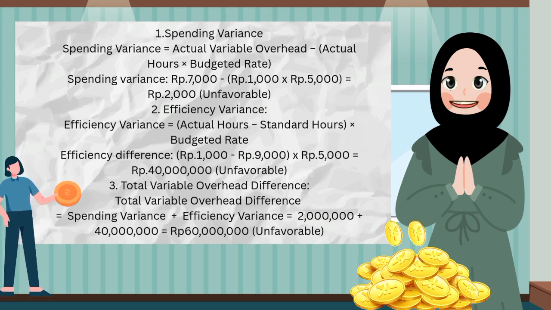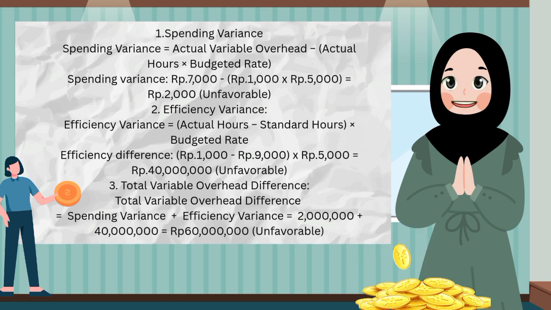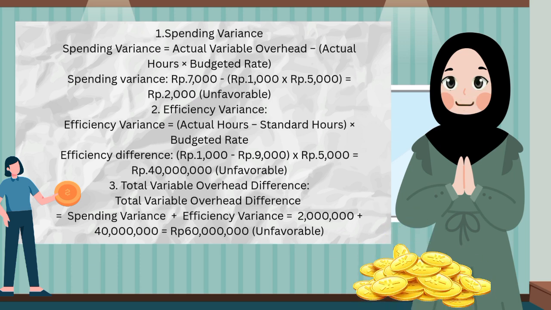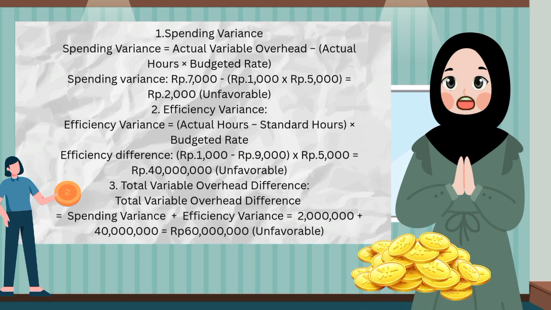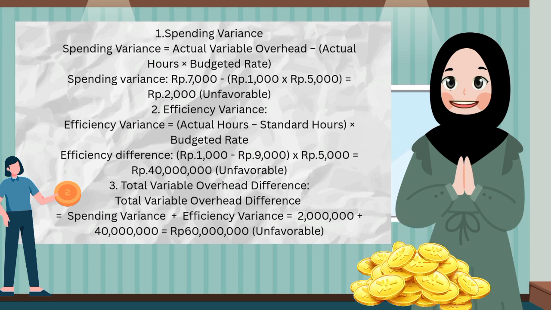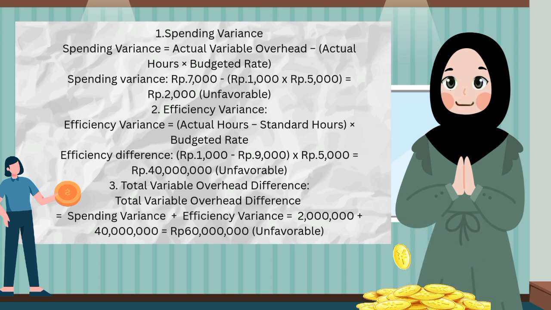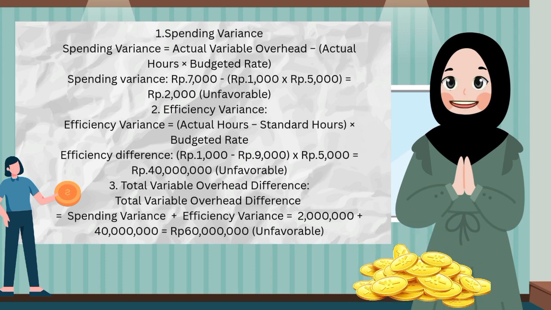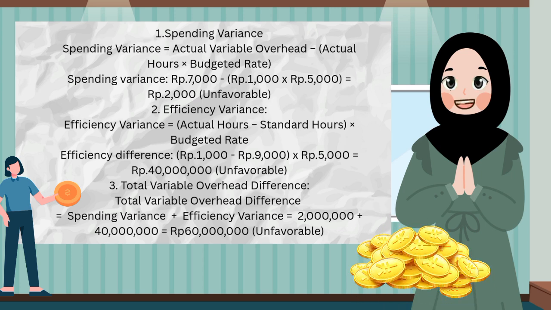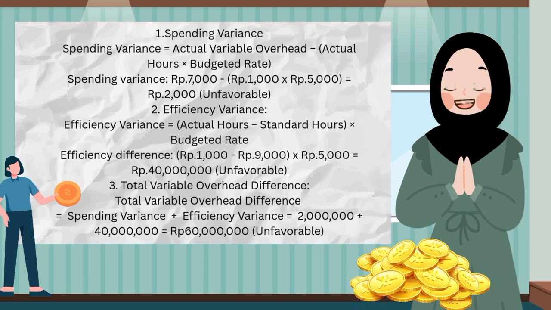Okay, so let's count everything starting from spending variance. The formula for spending variance is actual variable overhead minus actual hours multiplied by budgeted rate. So spending variance equals 70 million rupiahs minus 10,000 multiplied by 5,000 rupiahs, and the total is 20 million, unfavorable. So the second is efficiency variance.